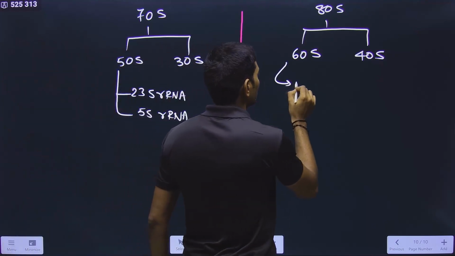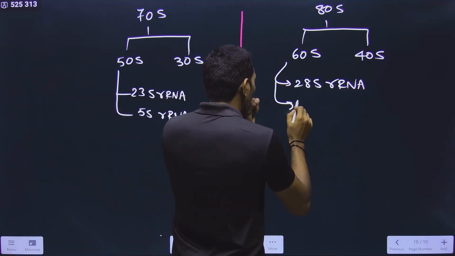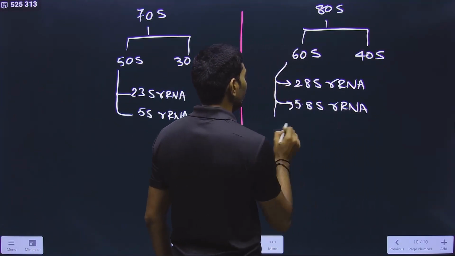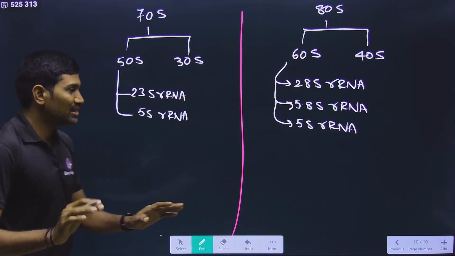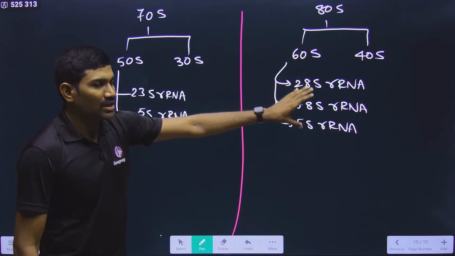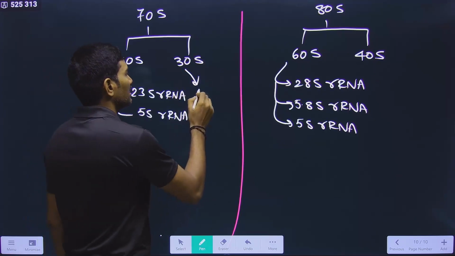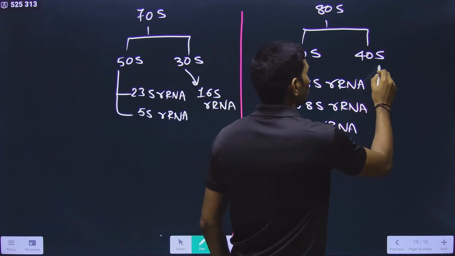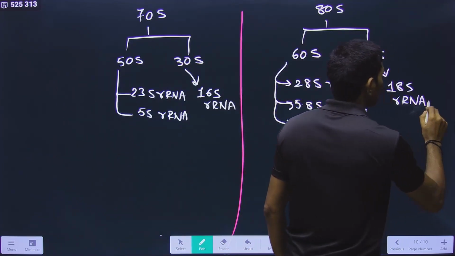But in the case of 60S, there are 28S rRNA, 5.8S rRNA and 5S rRNA. Please observe the relation here. Here two types of rRNAs, here three types of rRNAs, and 30S is having only one, that is 16S rRNA, and 40S is also having only one, but it is 18S rRNA. So observe the relation here.